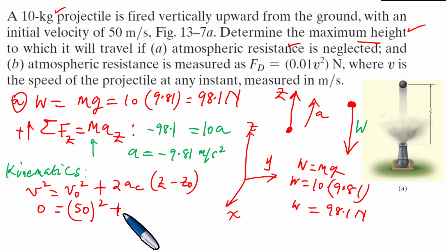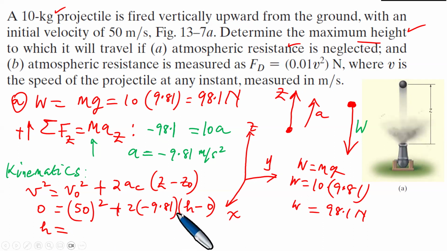And then we have here 2 times the acceleration. The acceleration obviously is negative 9.81 meters per second squared. It's going to reach a maximum height from an initial height of 0.